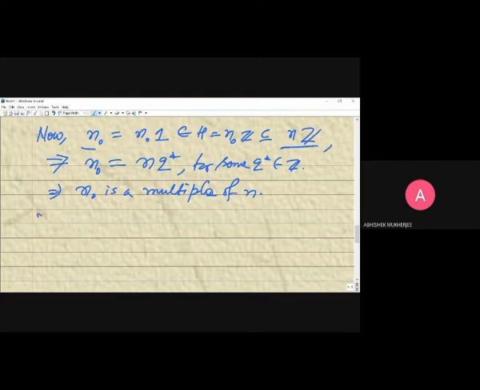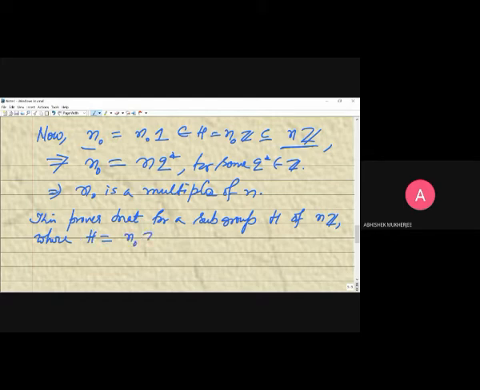So this proves that for a subgroup H of nZ, where H can be written as n not Z, then n divides n not.